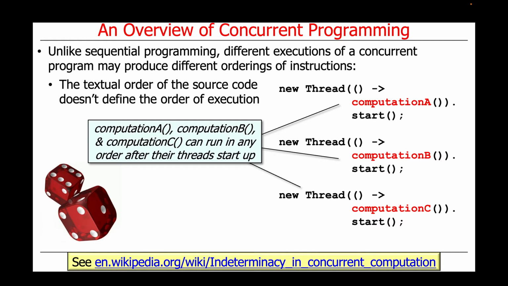First thread's going to run computation A, second thread's going to run computation B, third thread is going to run computation C. And after the threads start to run, those computations could actually run in pretty much any order, especially if they themselves don't have any kind of synchronization internally to provide some kind of structuring of the order in which they run. So computation B could run first, followed by C, followed by A, or A could run first, followed by C, followed by B, and so on and so forth.